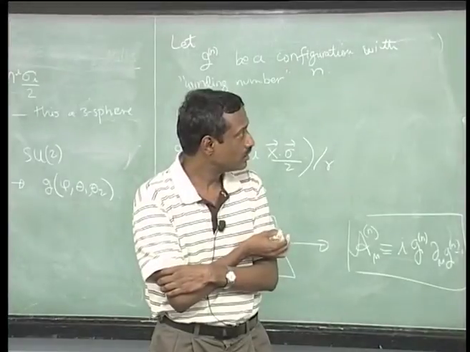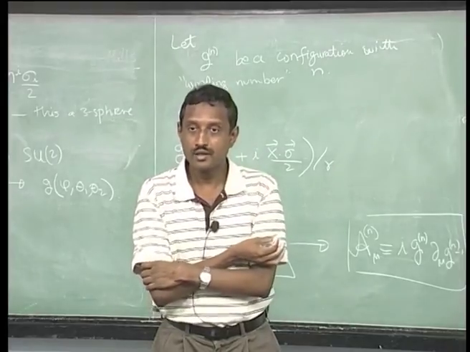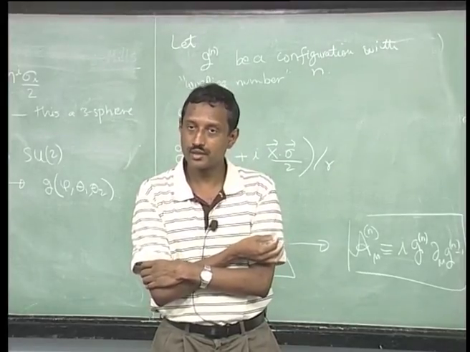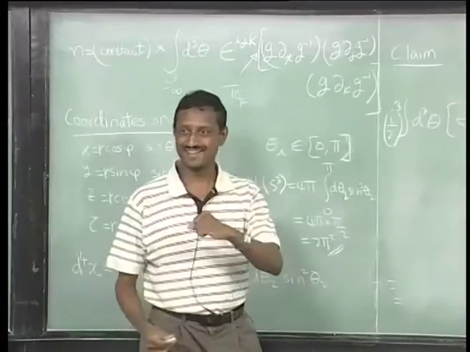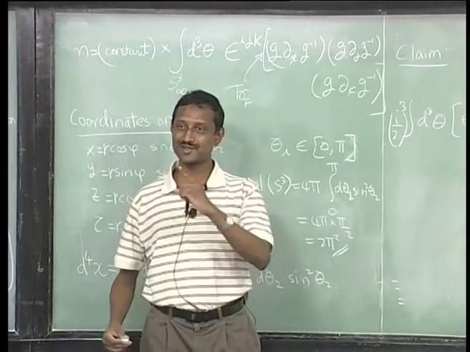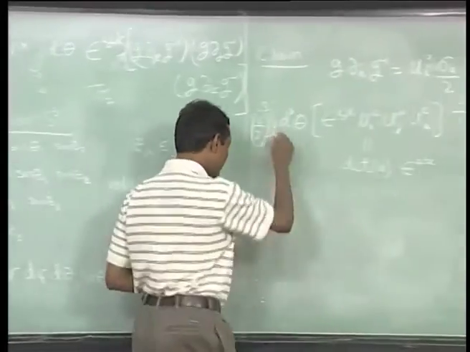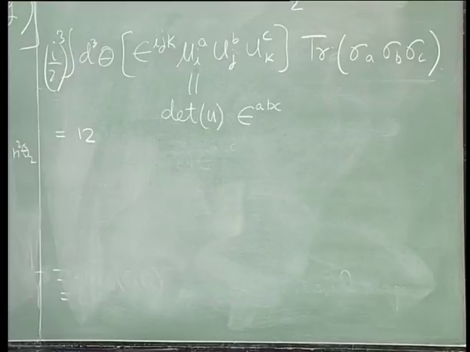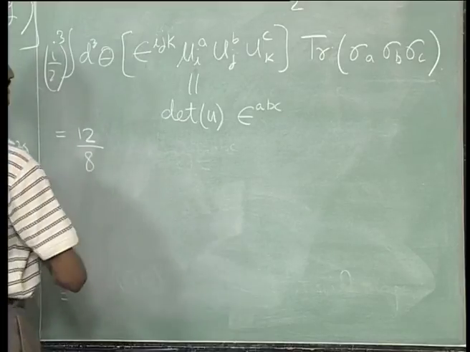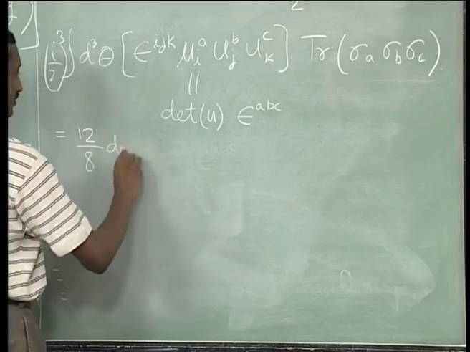Sigma_a also, so sigma_a summed means 3 times 2. Thank you, so there is a 3. I missed out a 3, thanks. So that is a 12. So this is equal to 12i, but this i cubed is minus i into i, which is plus i, divided by 8 into determinant of u.